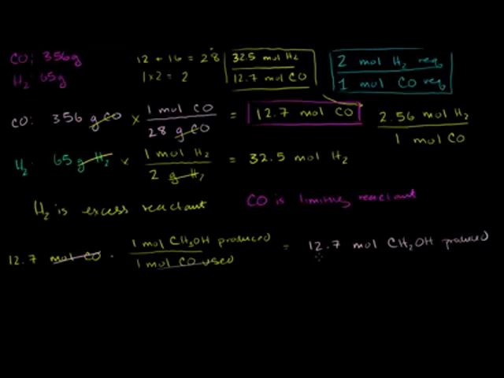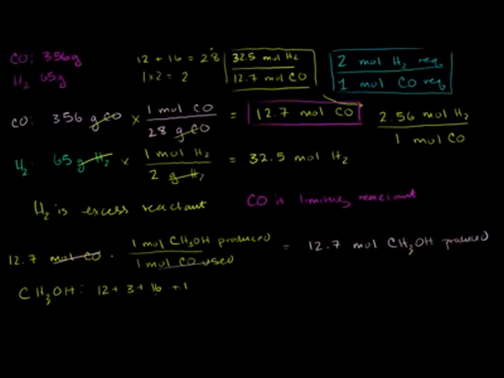And now we just have to figure out the mass of 12.7 moles of methanol. Let's think about the atomic weight. Looking at methanol, CH3OH, its atomic weight is 12 plus 3 times 1 plus 16 plus 1.